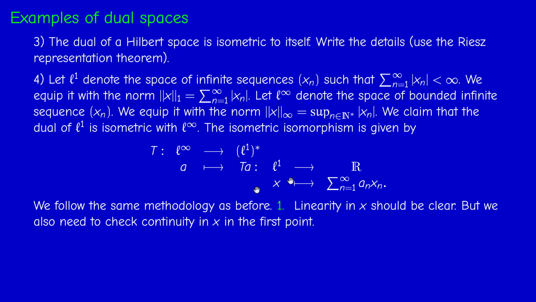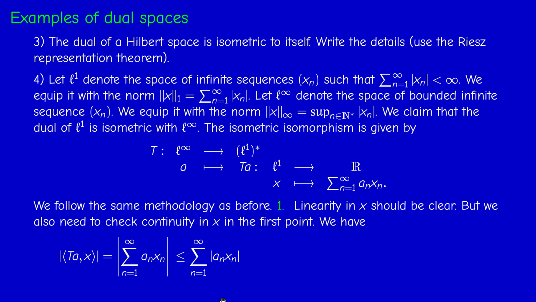So why is this continuous in x? Because TA evaluated at x, the absolute value of the sum is less than the sum of the absolute values. And now, if A is in L infinity, then A is a sequence A1, A2, etc., and each term of the sequence is less than the norm of the sequence because it's the supremum.